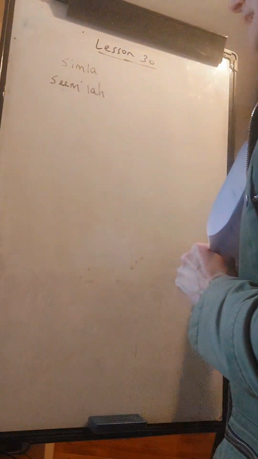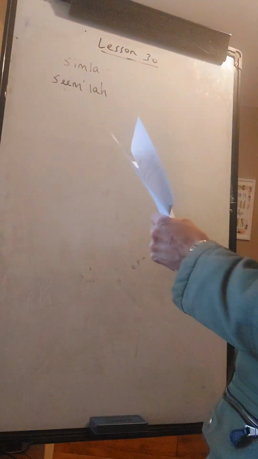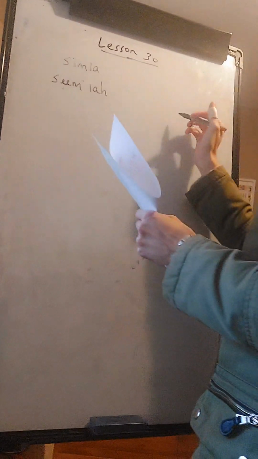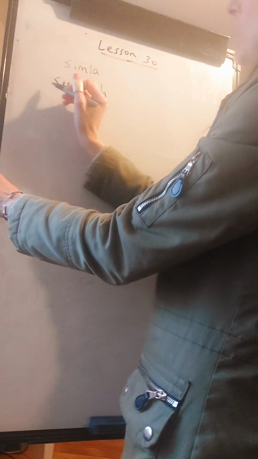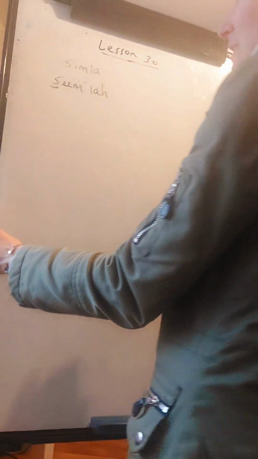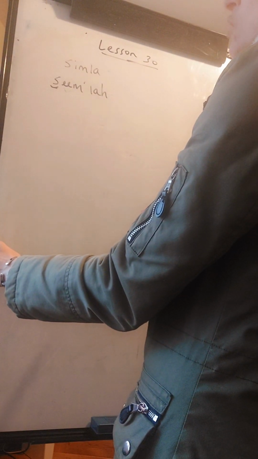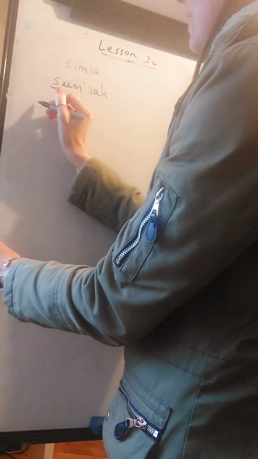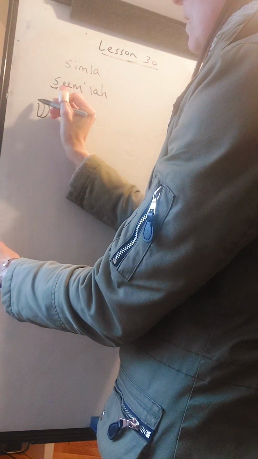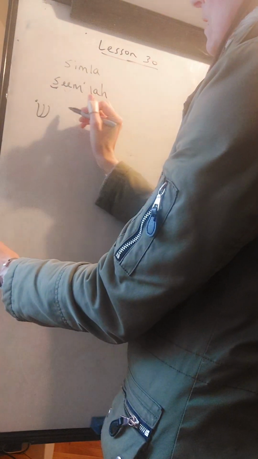So if you could have a go writing now, have a think about what Hebrew letters you can use out of the letters we've learned so far. So I'm going to write it for you. We're going to look first for consonants. I've already said at the start of this lesson, there are two consonants that sound as s, and you can either use the sin or samech, as they both sound the same.